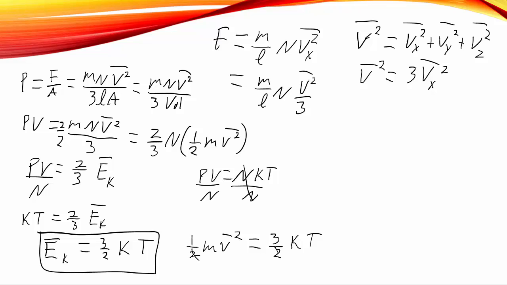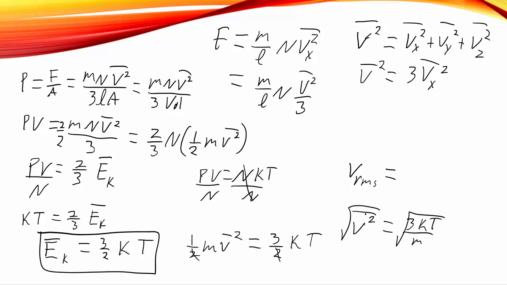So the 2's go away, divide the m over, and we have v squared average equals 3kT over m. And then if we square root the whole thing, this quantity here is often called the RMS speed. Stands for root mean squared.